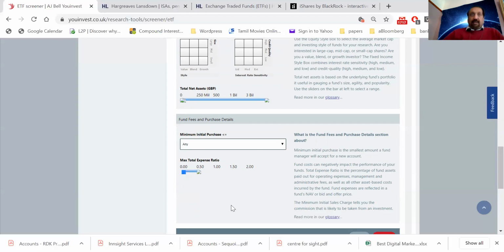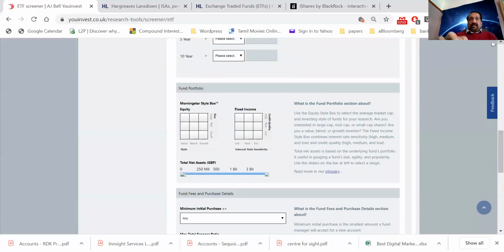The other thing is, I don't want funds which are tiny funds, like 10,000 pounds in it, 100,000 pounds in it, 1 million pounds in it. Total amount of investment is only 5 million pounds in it. You may think 5 million is big, but trust me, they are tiny. So see the scale there: 0, 250 million, 500 million, 1 billion, 3 billion, and more.